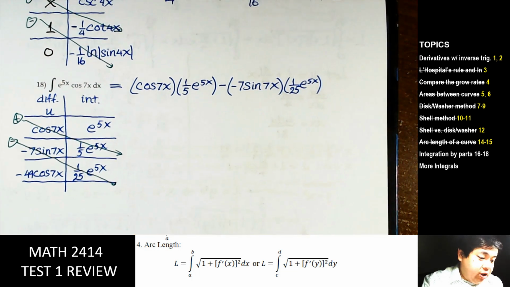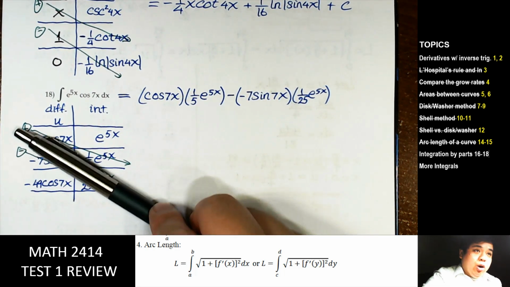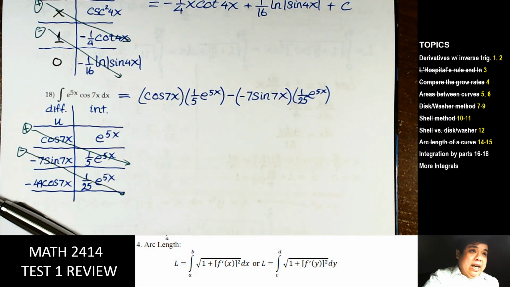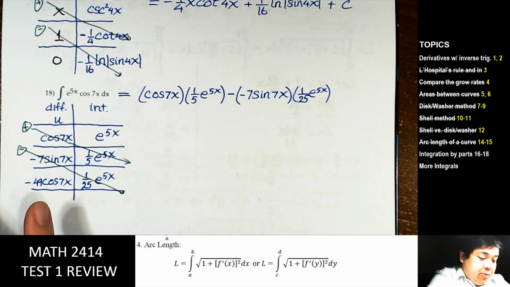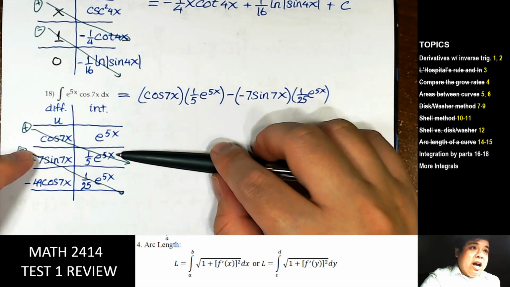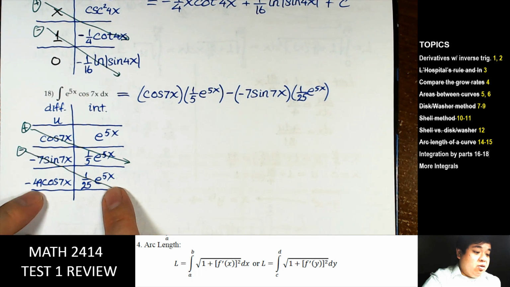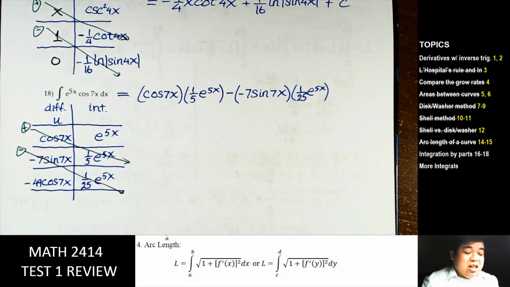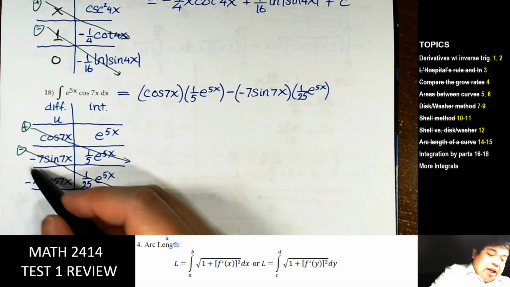Again, if we just keep going like this, it will not go to 0. However, the reason we stop after this step is that when we have cosine and e, after 2 steps we have cosine and e again, and that is very significant. You will see that in a minute.